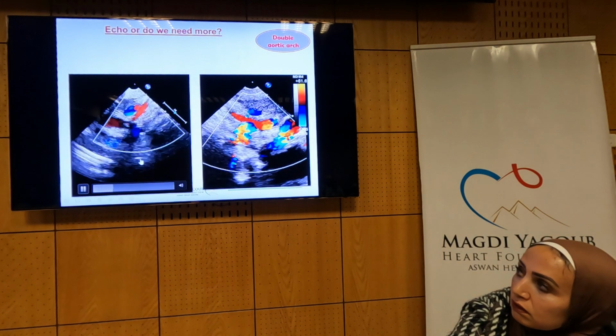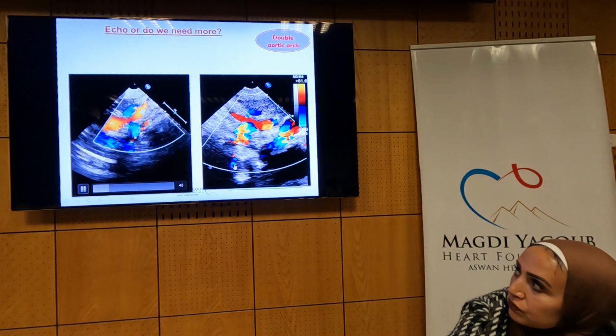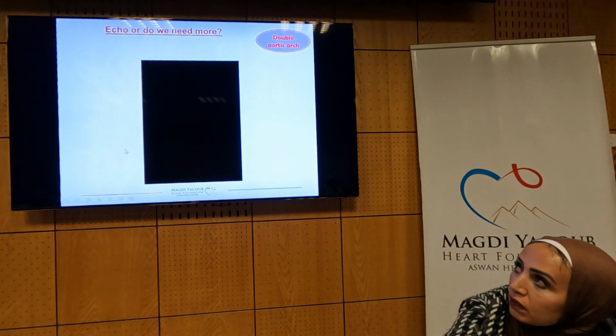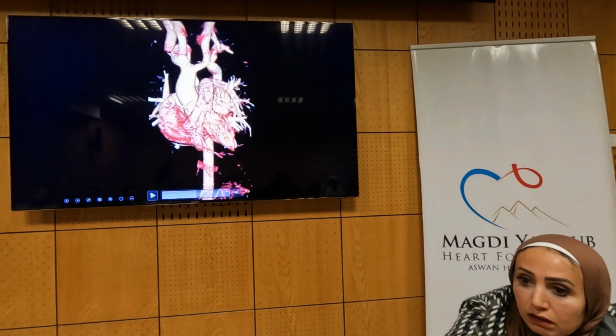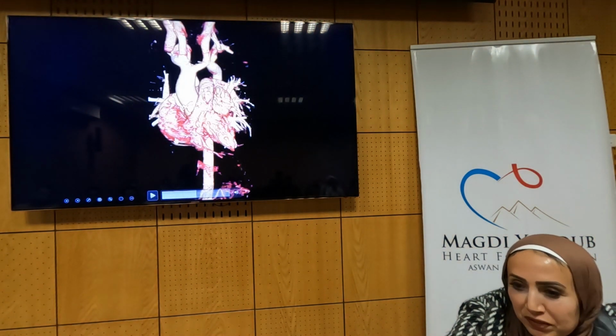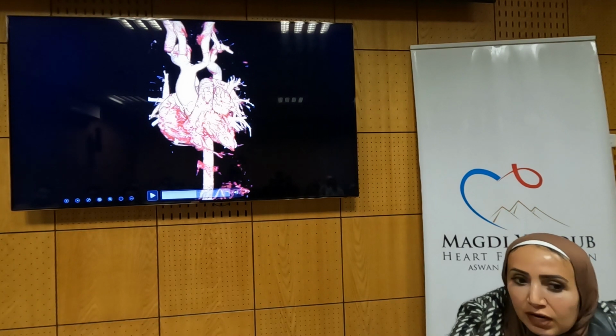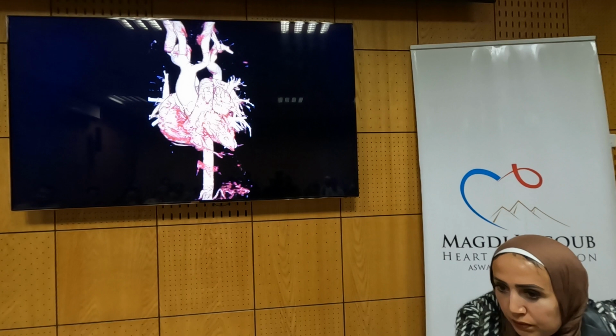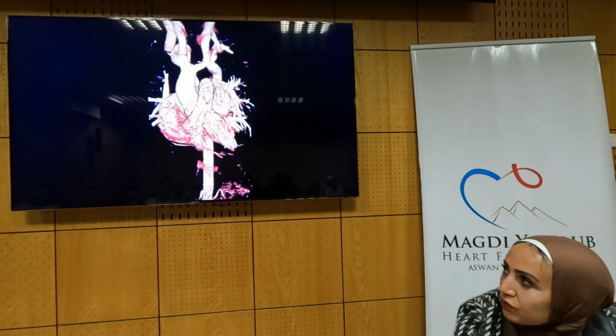This is the first arch and this is the second arch in that patient. If you don't find it, you will miss one. So in the exam, if you move, you will find an arch and be satisfied that you have an arch.